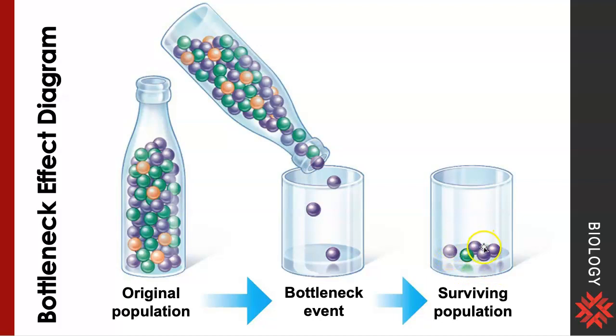Your allele frequencies are very different, and you've even lost some of that variation because you've lost that orange allele. So that's the bottleneck effect, where you often have natural disasters, but there are other examples. For example, human hunting, where we go through and wipe out the majority of a population. These are different ways that you're going to change the gene pool of that population.